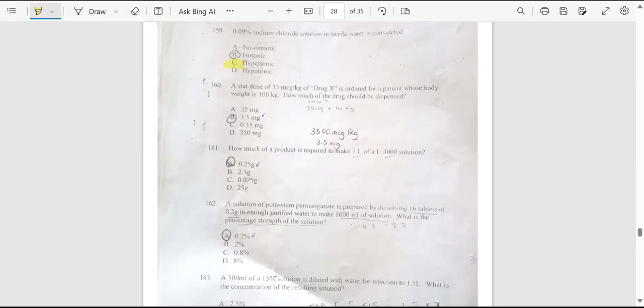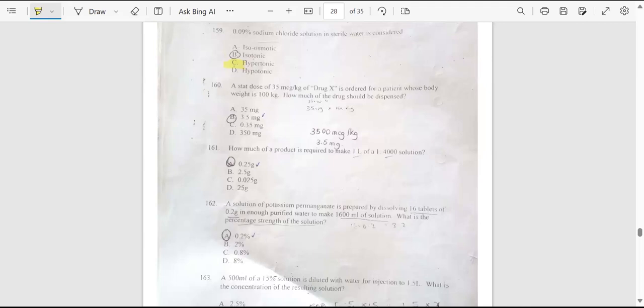So number 160. Guys, I have a different check. Why isn't it isotonic? I feel like the question isn't actually comparing it to sterile water. The thing is, 0.09 sodium chloride in sterile water, the sodium is dissolved in sterile water. That is how normal saline is usually made, but this is not normal saline. I think hypotonic would be the correct answer.